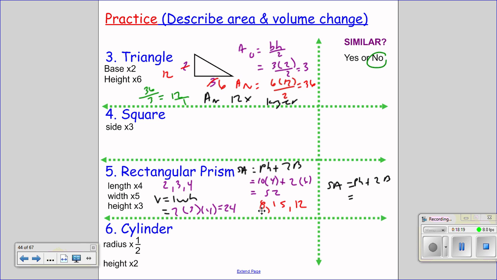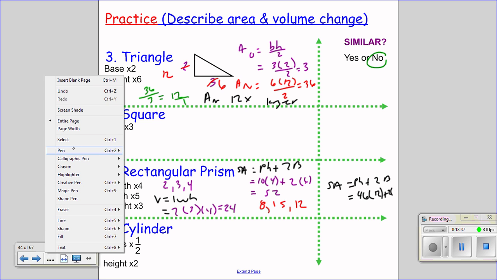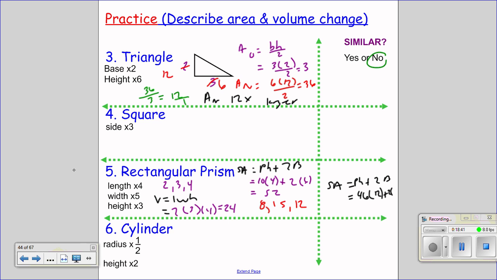So 16 plus 30 is going to give me 46 as my new perimeter. My new height is 12 plus 2 times b. So to find b, it's 8 times 15.